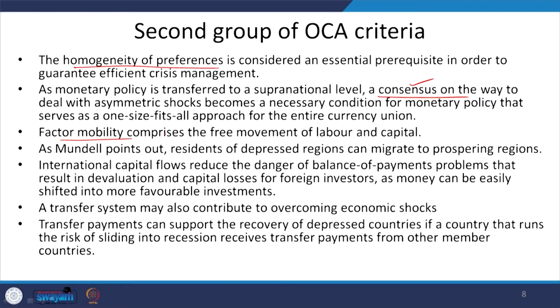So, international capital flows actually reduce the danger of balance of payments problems. This is a criterion for shock adjustment. Okay.